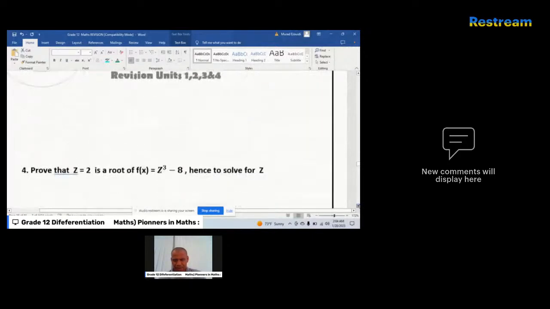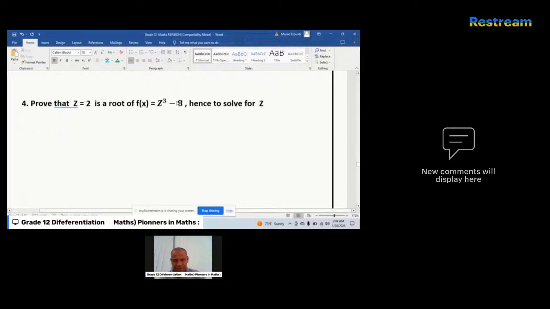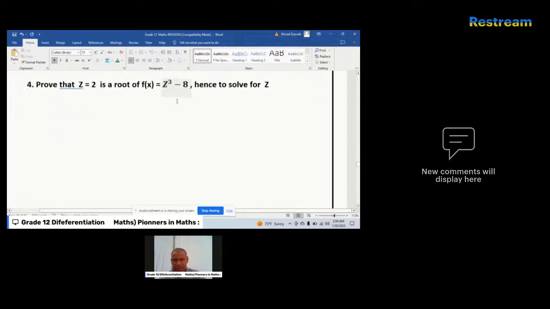For the next part, I'll use this one. We did this before. We are told to prove that z equal to negative 4 is a root. Z to the power 3, I will change this to negative 4, and I will change this to plus 64.